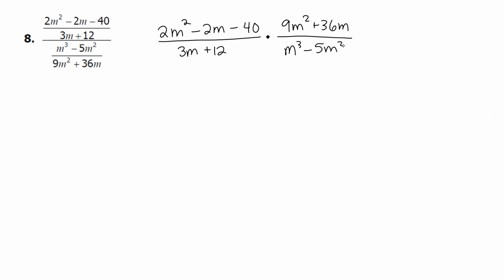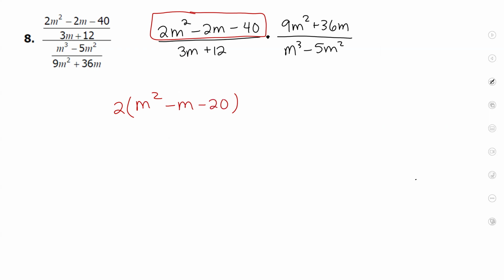All right, so we're going to simplify this. We're going to factor. So let's do the numerator. What can all of these be divided by? 2. So 2 will be on the outside. This will be m squared minus m minus 20. So I can now do an eye chart.